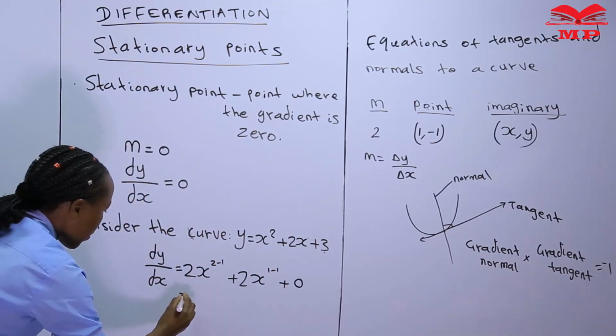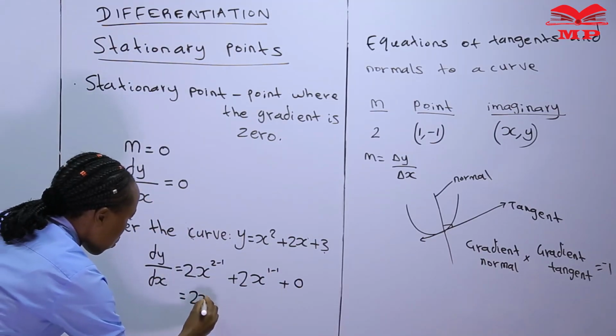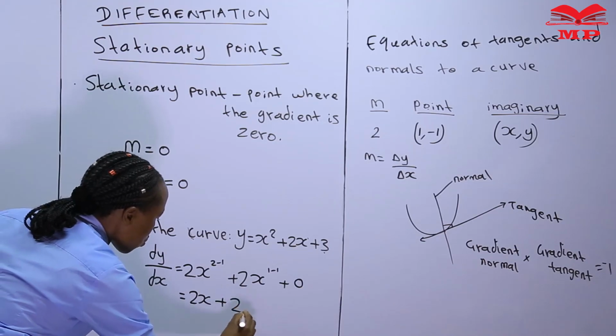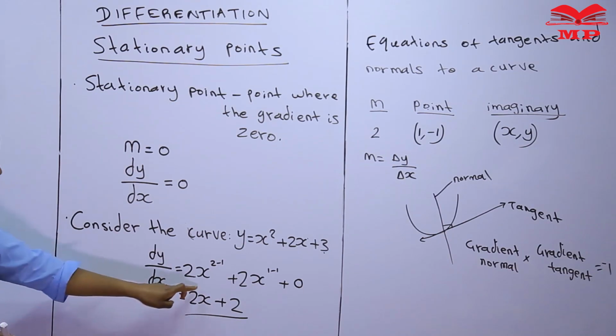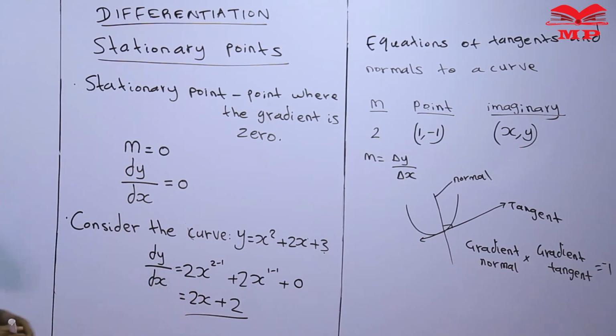So we are going to have dy dx as 2x plus 2. So that is the gradient function, and therefore when we equate this to 0, that is at the stationary point.